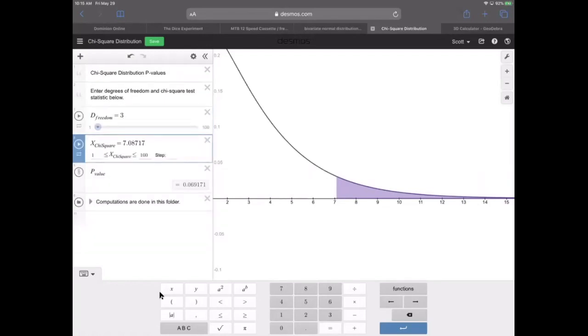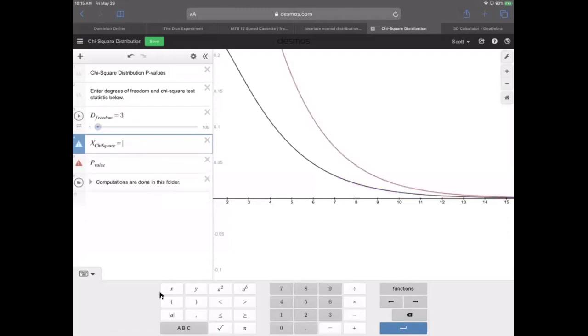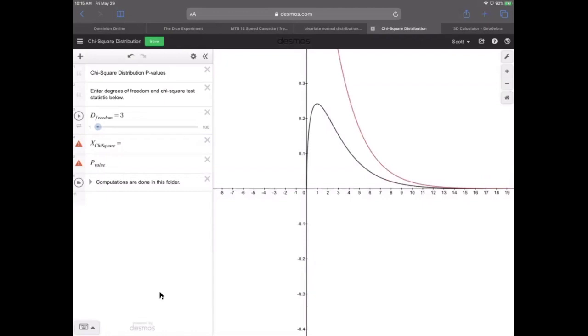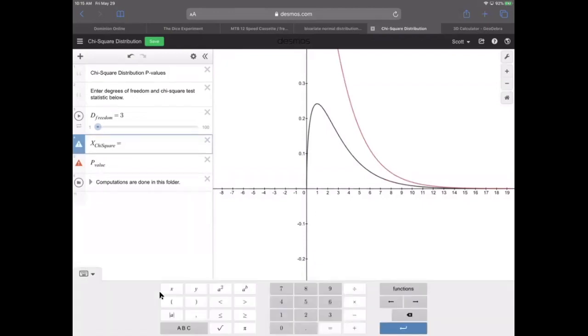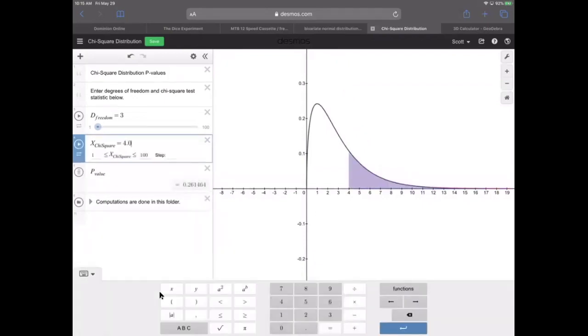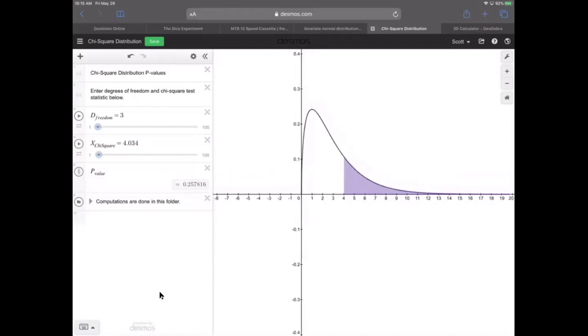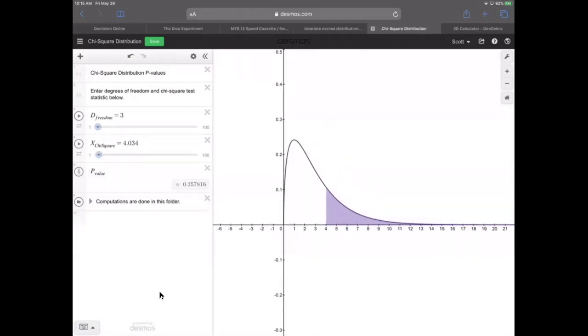I forgot what my chi-square statistic was, but what are you guys at for 4.0345? Let me zoom out on this so you can see this distribution. 4.0345, right? Yeah. Desmos is nice because it gives you a graph of the situation. Looks just like the one we drew.